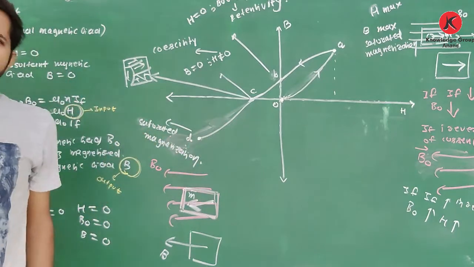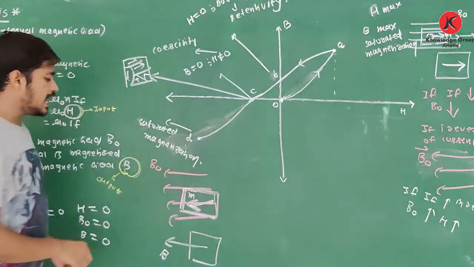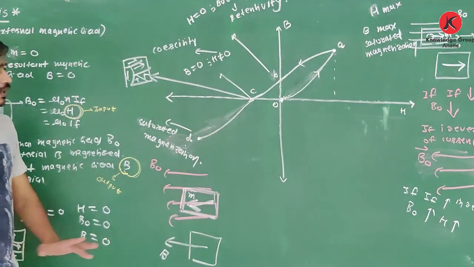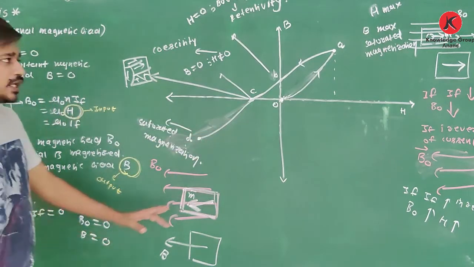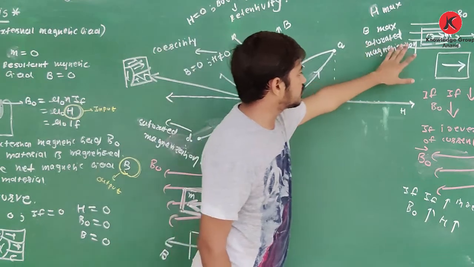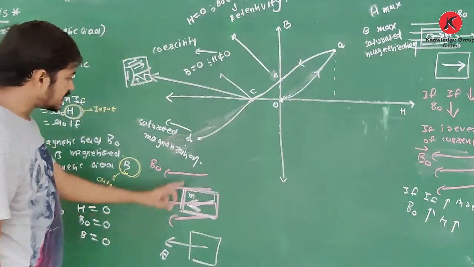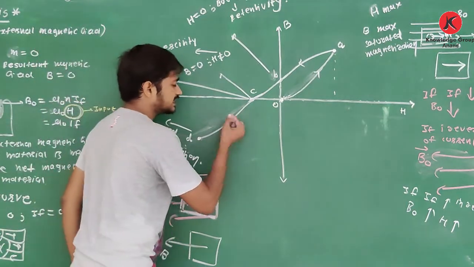Clear about this? So you have to understand from point O to point D. At point D, again it is magnetized. So O is demagnetized with this structure. Point A is magnetized with this structure in one domain. At point C, again demagnetized. At point D, again magnetized. Now the next points are simple.